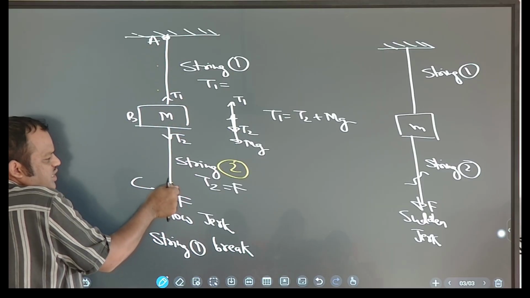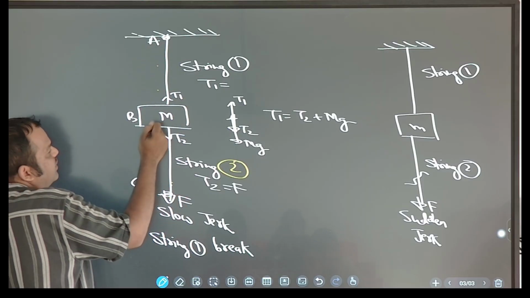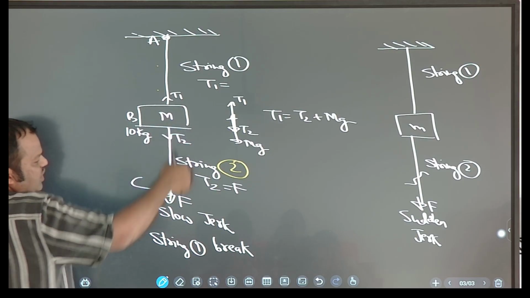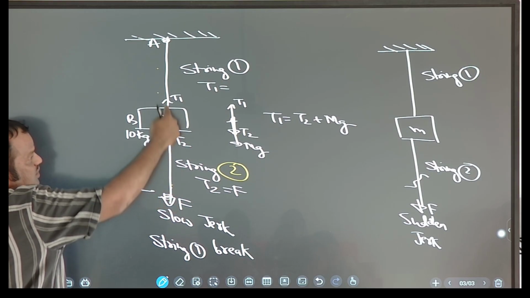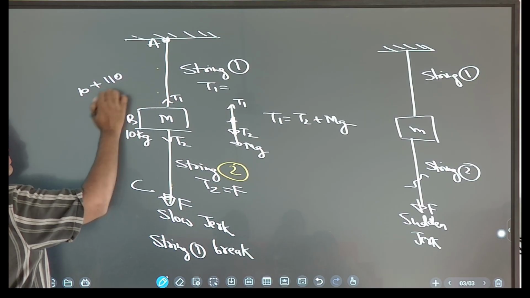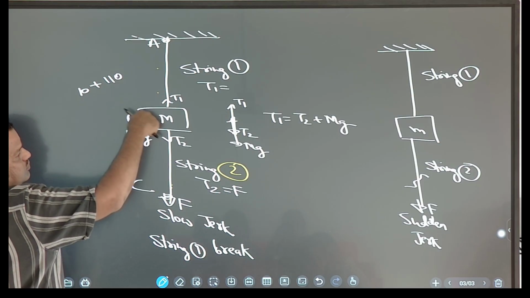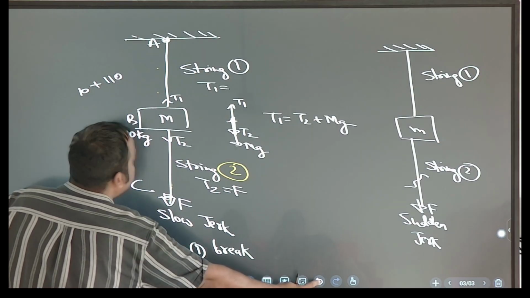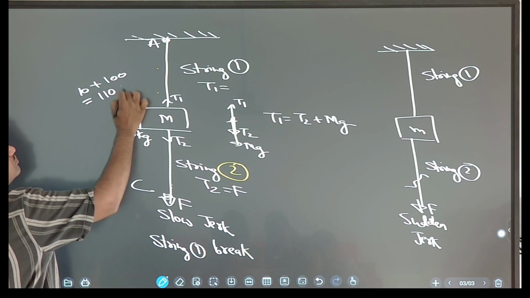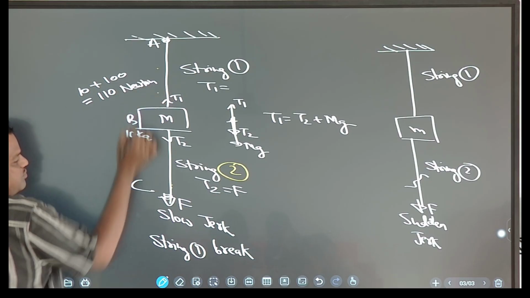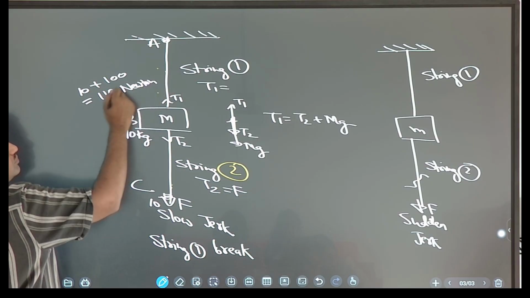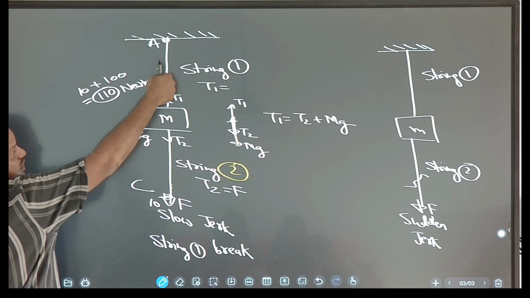Suppose you exert 10 Newton here and the block is 10 kg. What is the tension here? 10 plus 100, which is 110 Newton. So this will break first.